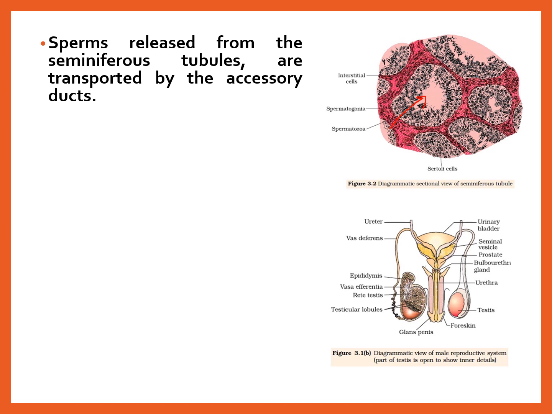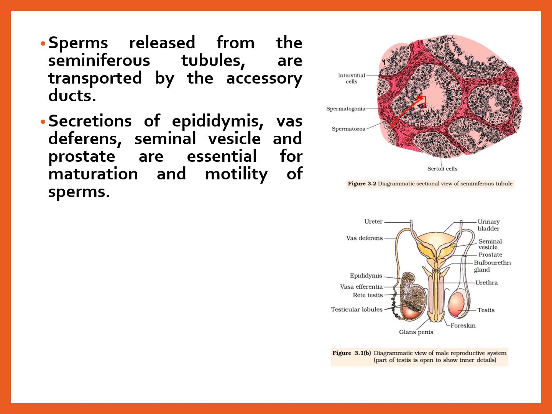So sperms released from the seminiferous tubules are transported by the accessory ducts. What are the accessory ducts? The rete testis, vasa efferentia, epididymis, vas deferens. These are all the accessory ducts. The secretion of the epididymis, vas deferens, seminal vesicle and prostate, they all help in maturation and motility of sperms.